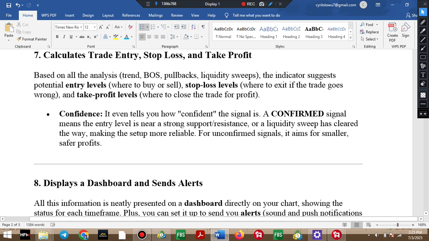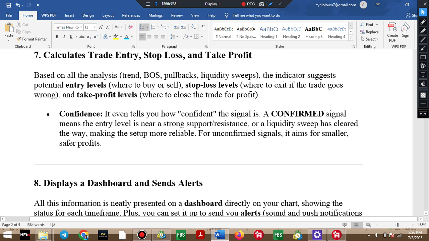Then it has confidence. It even tells you how confident the signal is. A confirmed signal means the entry level is near a strong support or resistance, or a liquidity sweep has cleared the way, making the setup more reliable. For an unconfirmed signal, it aims for a smaller, safer profit.